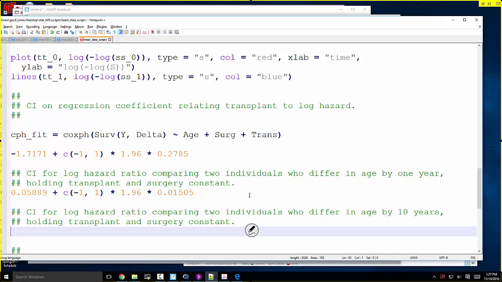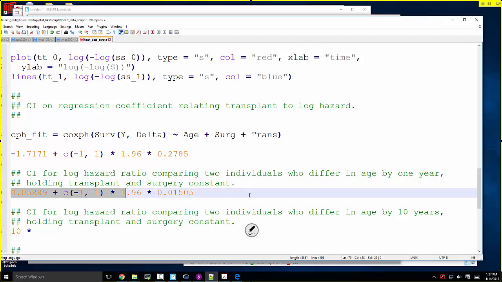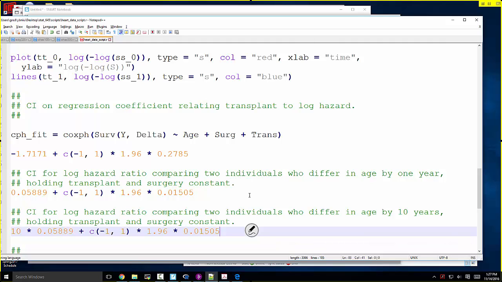If 0.05889 is the log hazard ratio comparing two individuals who differ by 1 year, then 10 times that would be the log hazard ratio for a difference of 10 years. So if I want to change from a 1 unit change to a 10 unit change, my estimate is just 10 times the beta coefficient. And the standard deviation of 10 times a random variable is just 10 times the standard deviation of the random variable.